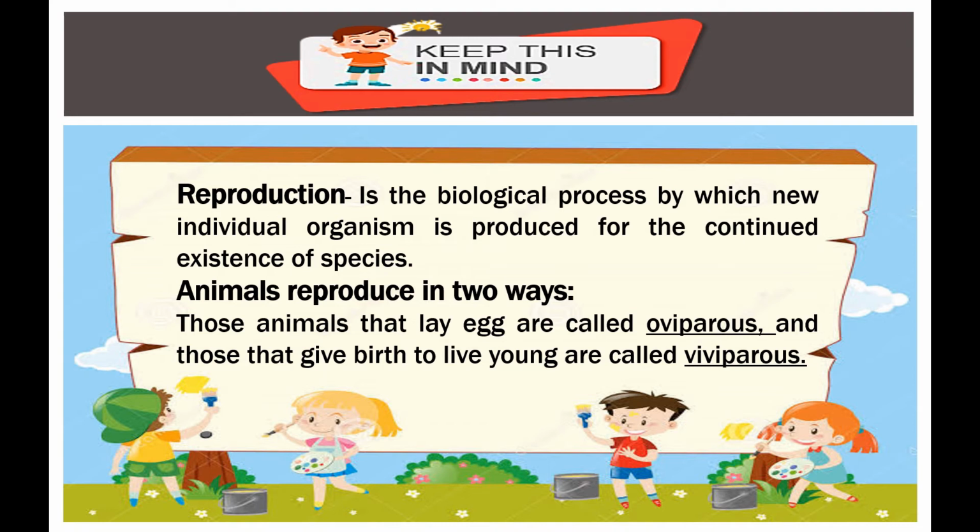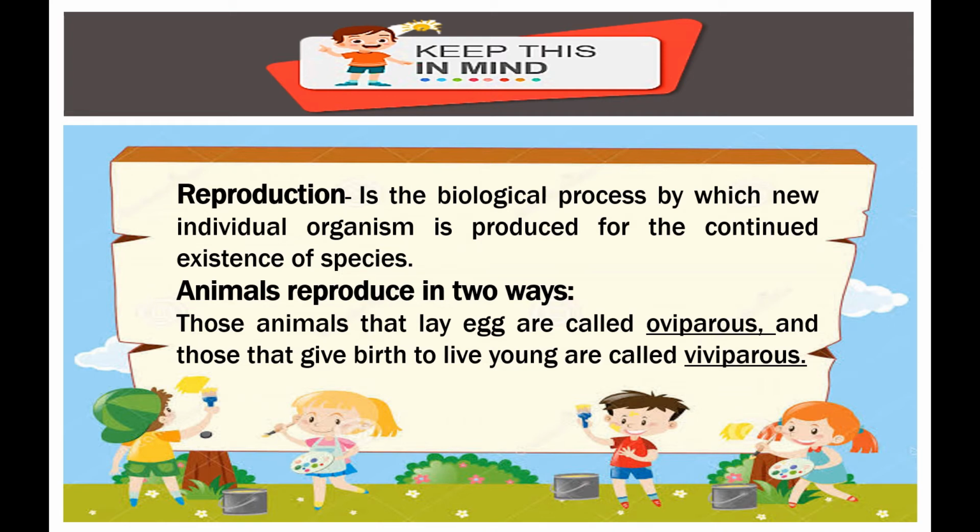Wow, I love it! You have sustained the activities. Congratulations, learners! Now, I want you to keep this in your mind. Reproduction is the biological process by which new individual organism is produced for the continued existence of species.